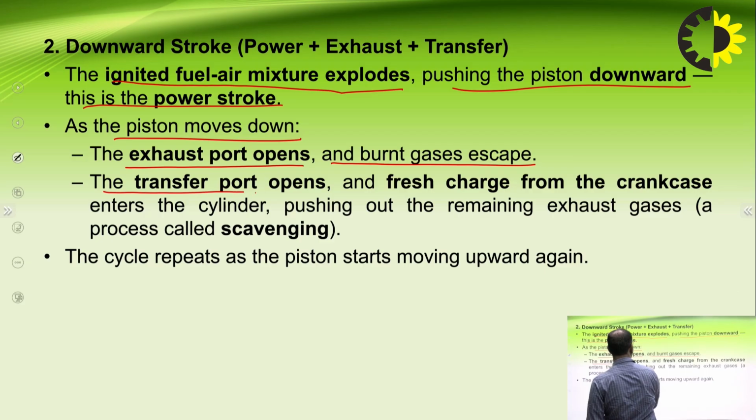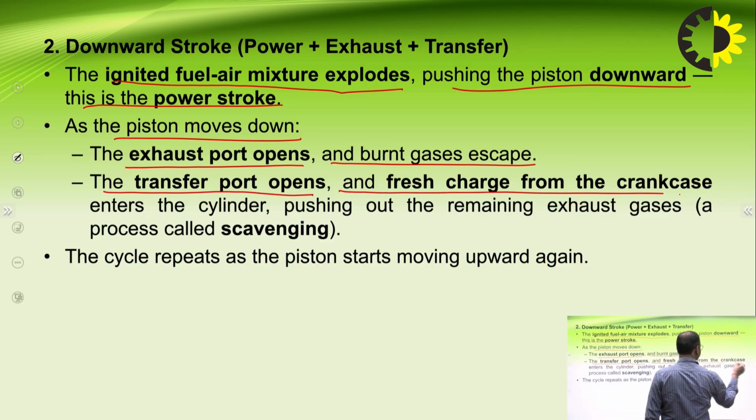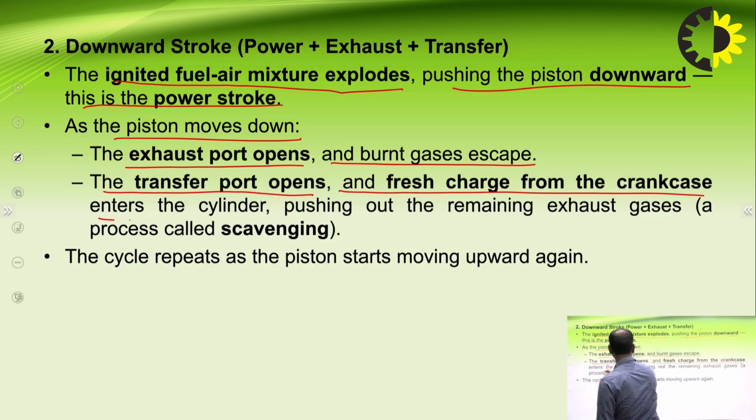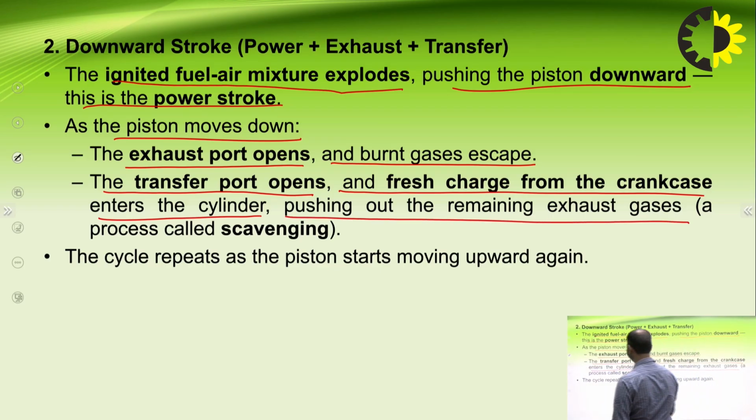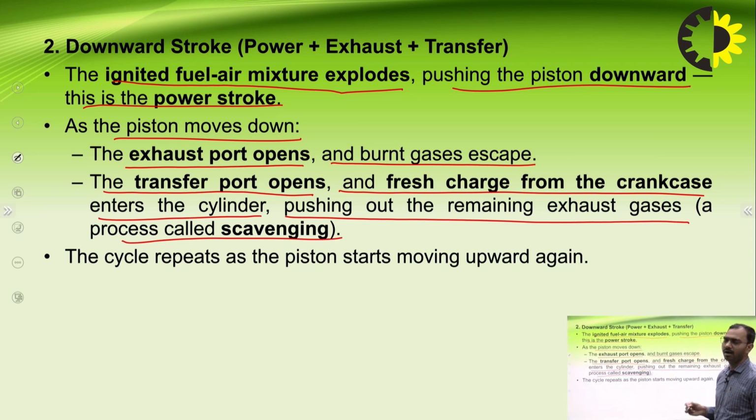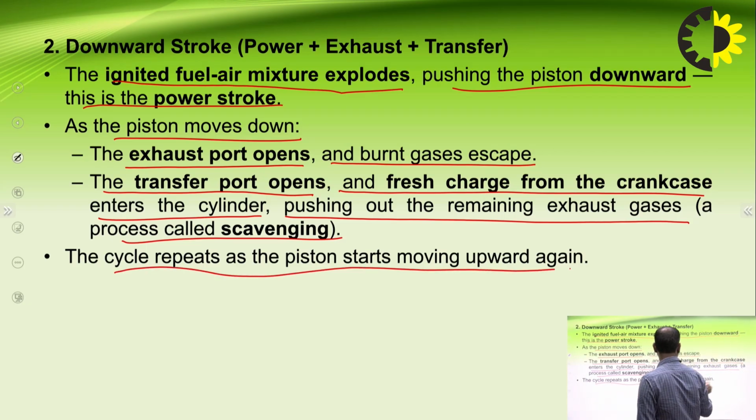The transfer port opens and the fresh charge from the crankcase enters the cylinder, pushing out the remaining exhaust gases. This process is called scavenging. Scavenging is achieved only in 2-stroke engines. The cycle repeats and the piston starts moving upward again. So this is the construction and working of 2-stroke petrol engines.